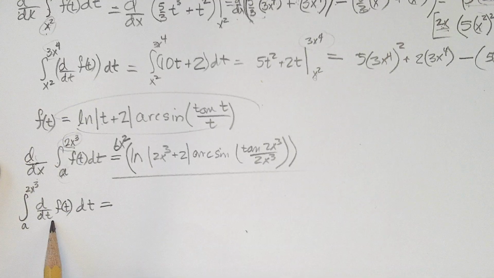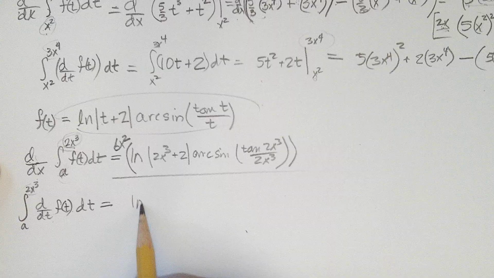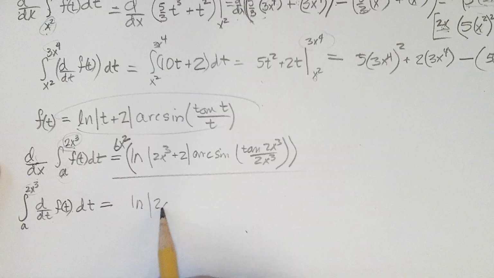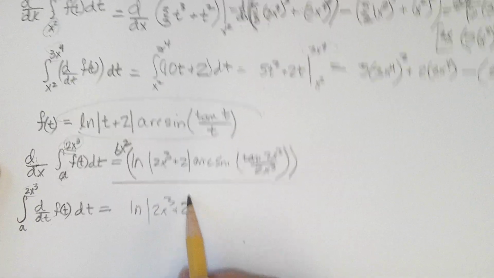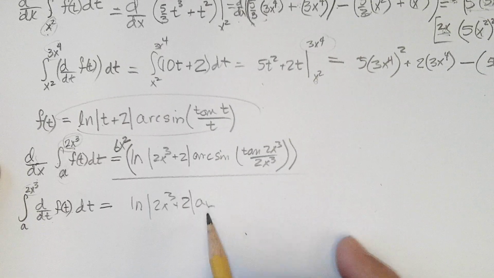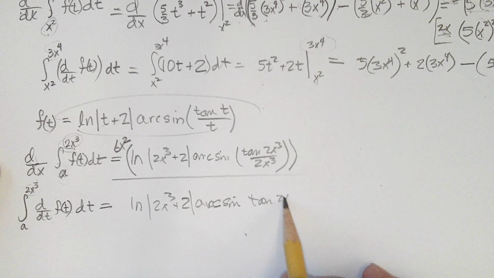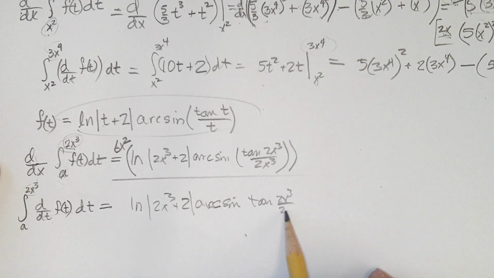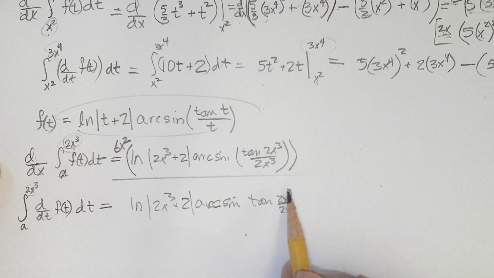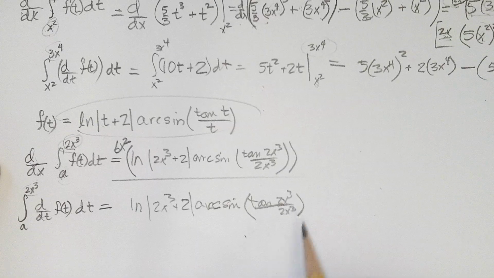And the answer to this one, if I take the derivative first and then integrate it, I put this in, and I get ln of 2x to the third plus 2 arc sine of tangent of 2x to the third over 2x to the third. Oh, over that, there.